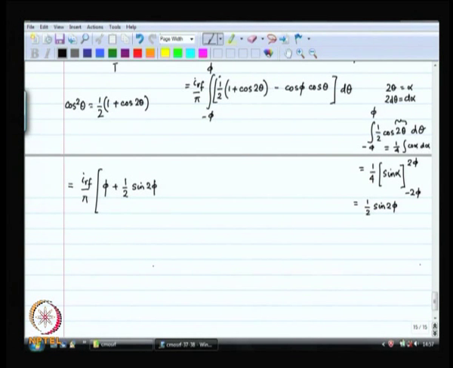All right. And the third integral is of cos phi times cos theta d theta. There is a negative sign, remember that. So, cos phi times cos theta, cos phi is a constant, okay. Integral cos theta d theta is sin theta.